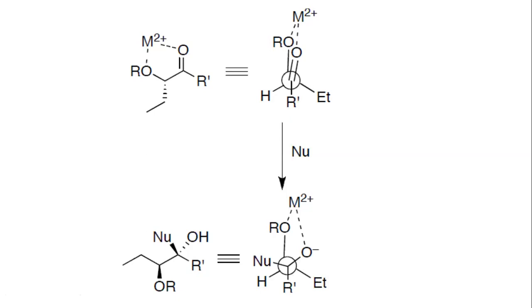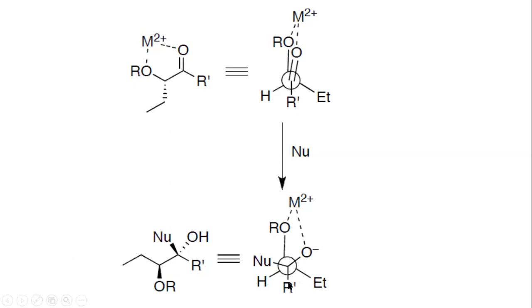Now look at the product. How is the product written from here? In the product, we have ethyl and R group, ethyl and R dash, which are anti to each other. So ethyl on the back carbon and R on the front carbon are written anti to each other.